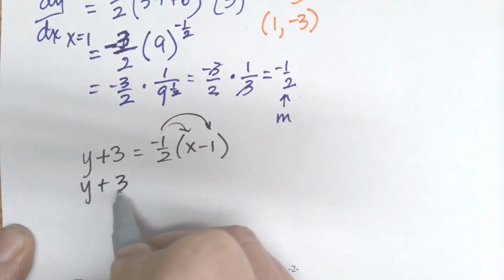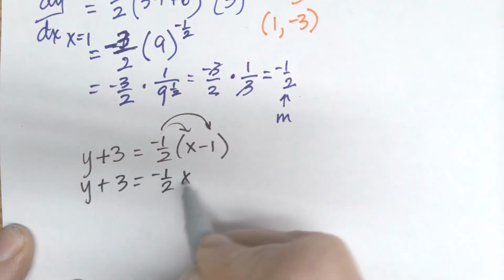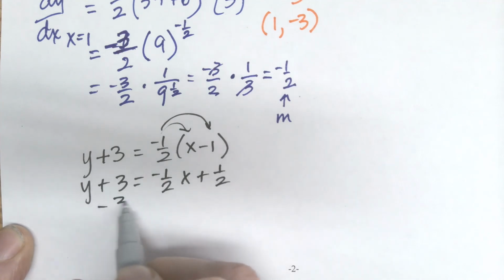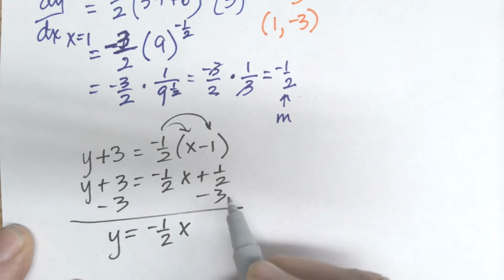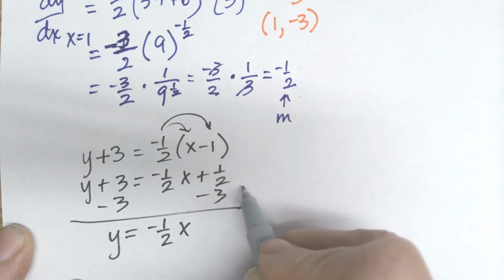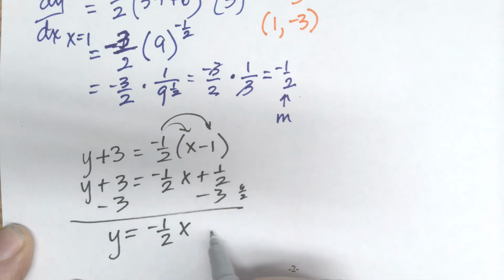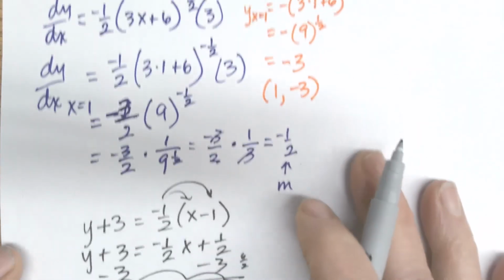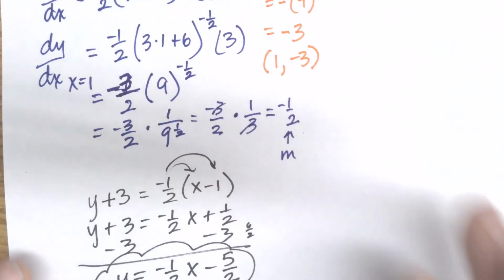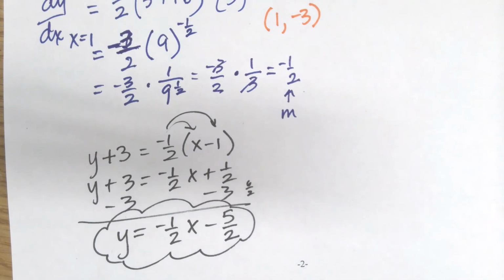Y plus 3 equals -1/2 x plus 1/2. Minus 3 minus 3. Y equals -1/2 x plus 1/2 minus 3, that's 1/2 minus 6/2. So minus 5/2, final answer. Same stuff, just a little bit more work on this problem. Again, pause it and soak it in if you need to.